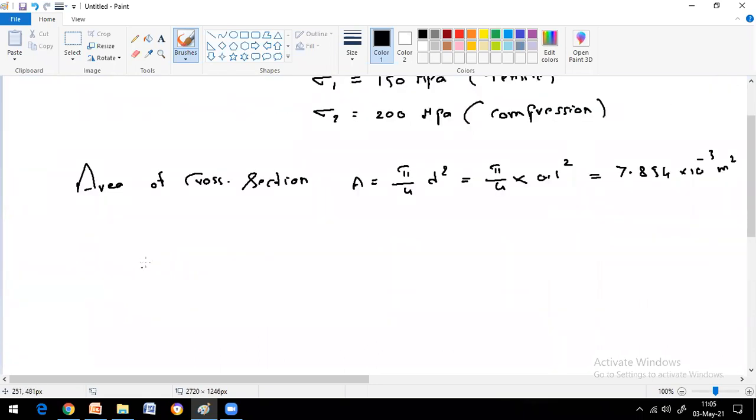Next, bending moment. Let's calculate what will be the bending moment, so which is acting in the total beam. Bending moment. M is equal to, what do you mean bending moment, Amma? Bending moment ante enti?